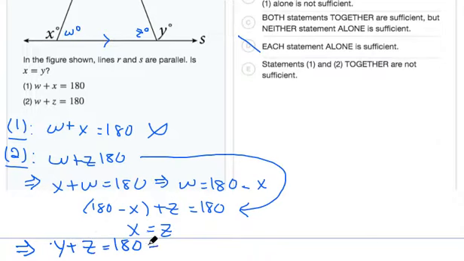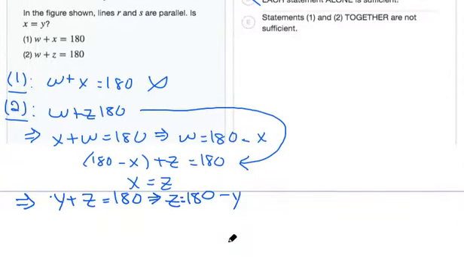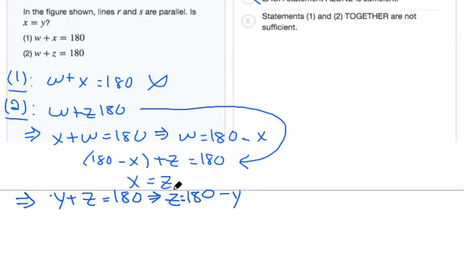If we isolate Z here, we get Z equals 180 minus Y. Doing a similar thing to what we did before, we can replace Z in this equation, and we end up with X equal to 180 minus Y.